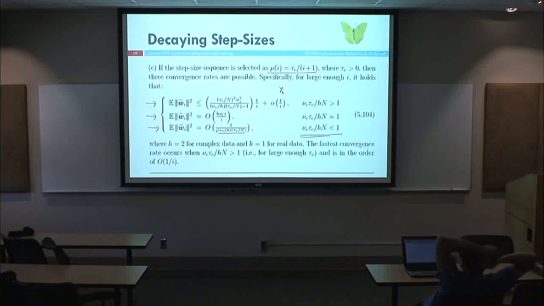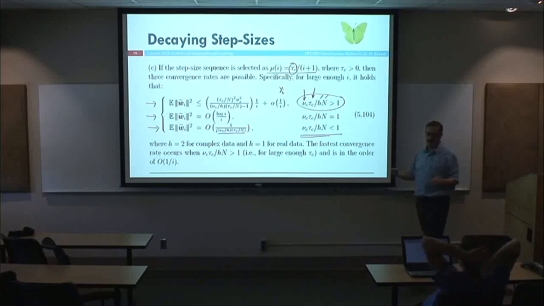So if this condition is satisfied, what is this condition, by the way? This condition is the lower bound on the Hessian. That's just a constant. The important fact is that it depends on this tau_c. Tau_c is this constant here in mu. So that tau has to be large enough for you to get the fastest convergence.